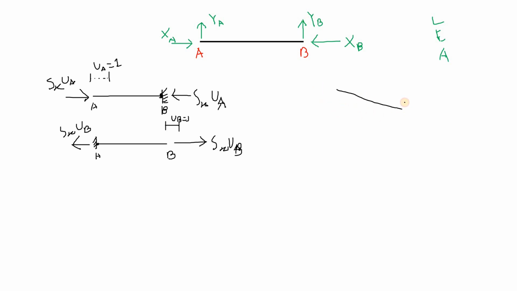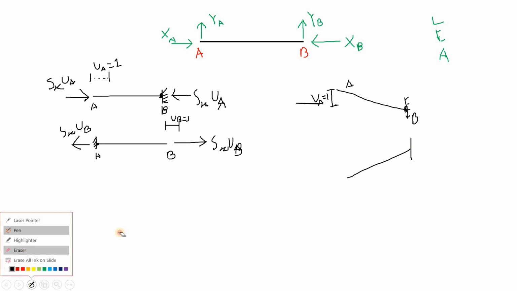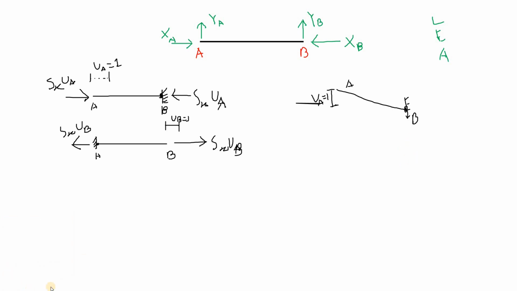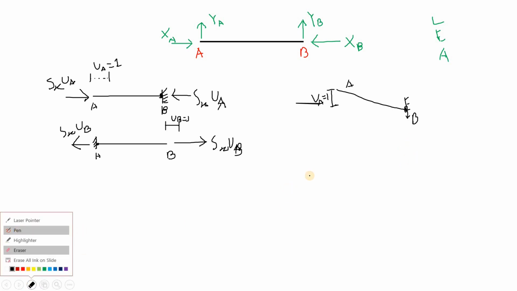So let's say this is B, this is A right over here, and this is the vertical deflection VA. Let's say VA is 1. Similarly, we're going to have another one, drawn in the other direction, similar to the other one.